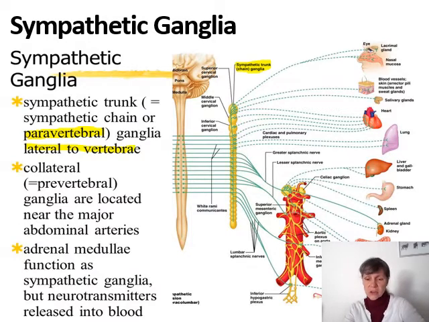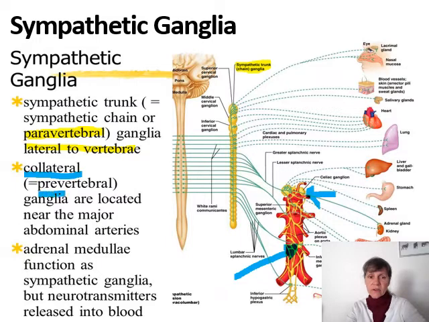There are also other ganglia that you can see here in front of the abdominal aorta, and these are referred to as collateral or prevertebral ganglia because they're located in front of the vertebrae and are located also near the abdominal aorta and other major arteries.